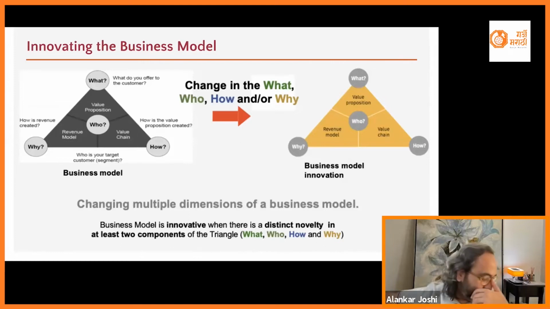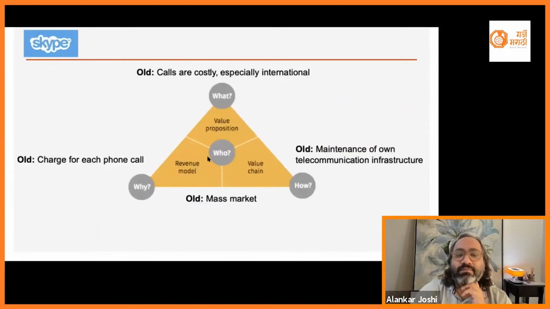Based on research that has been done, there are actually 55 different business models, or different ways of innovating around these four dimensions of your business model canvas, right? And we'll look at a couple of examples of how this has been done.